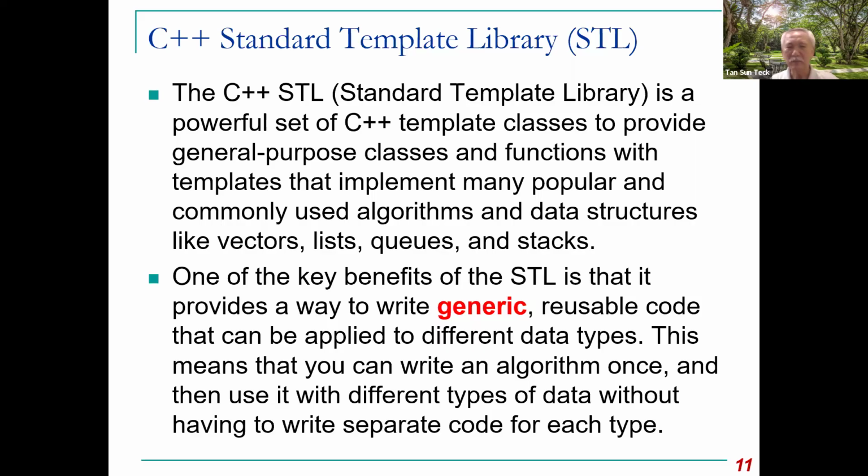Then all the operations of the C++ class can be performed on this type. So again, look at the reference and see how we can make use of it. This means that you can write an algorithm once, and then use it for different types of data without having to write separate code for each of them. This is what we call generic.